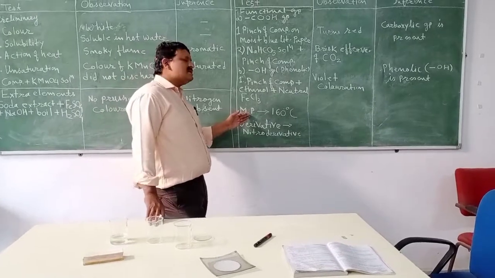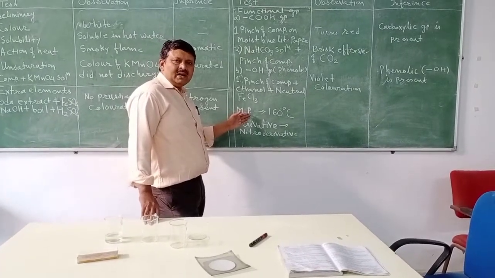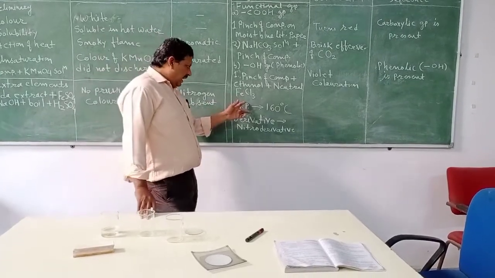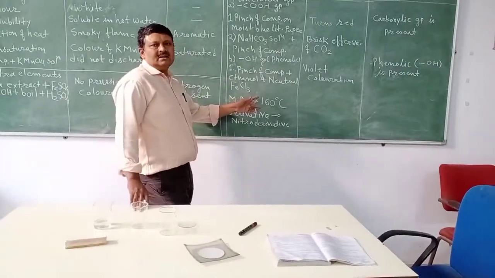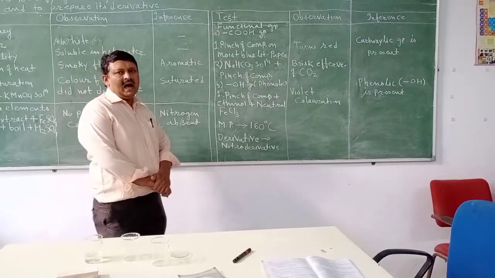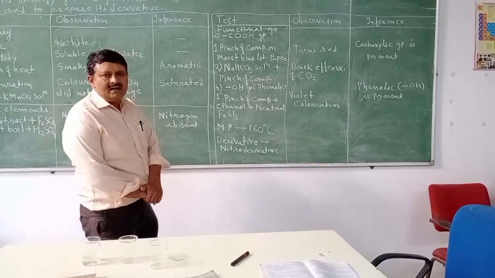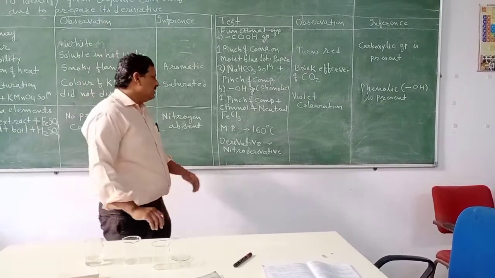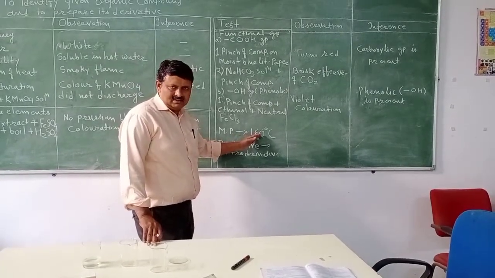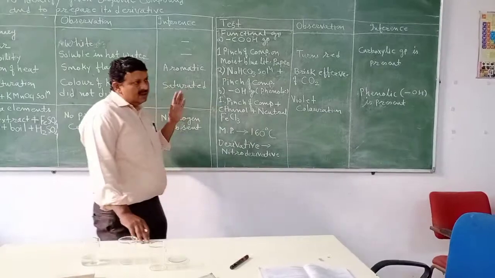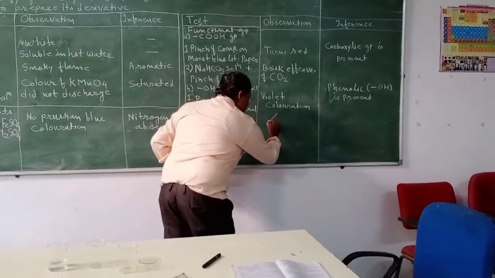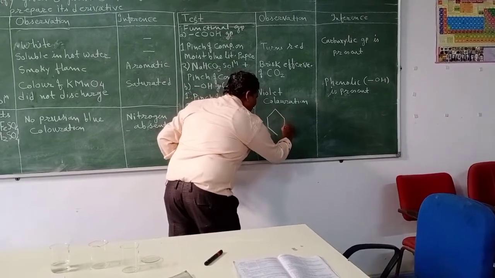When I compare and match this melting point with the given data, I found that it matches with the melting point of salicylic acid, whose standard melting point is 158 degrees Celsius.